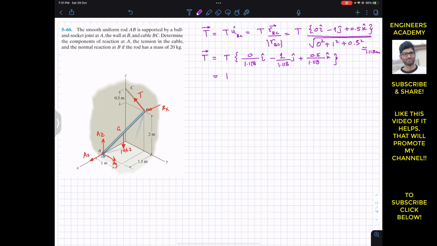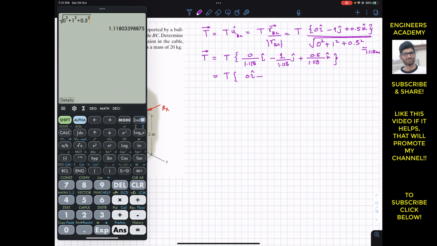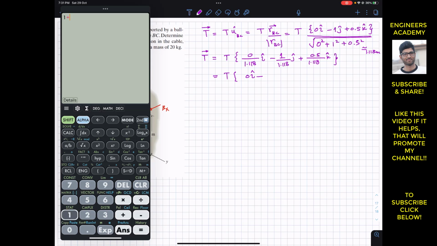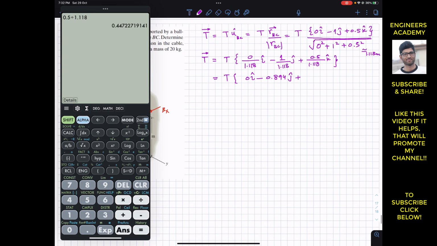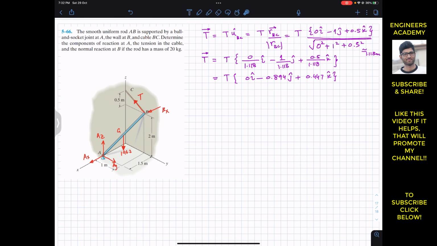So 0 divided by 1.118 is 0 i, minus 1 divided by 1.118 gives us 0.894 j, and plus 0.5 divided by 1.118 is 0.447 k.